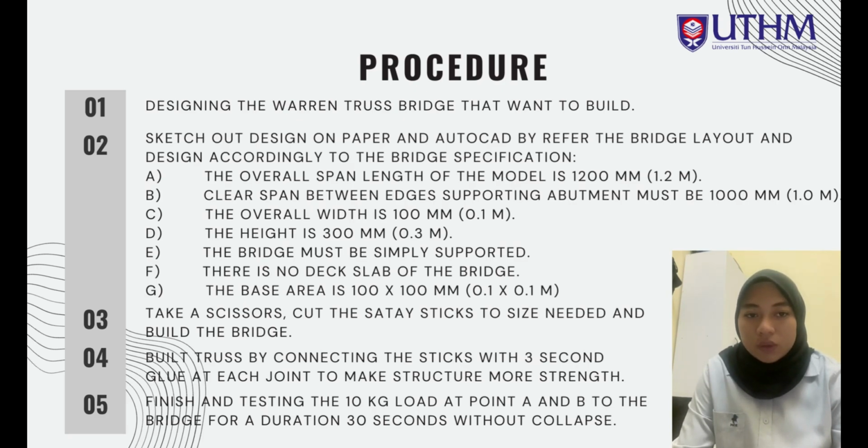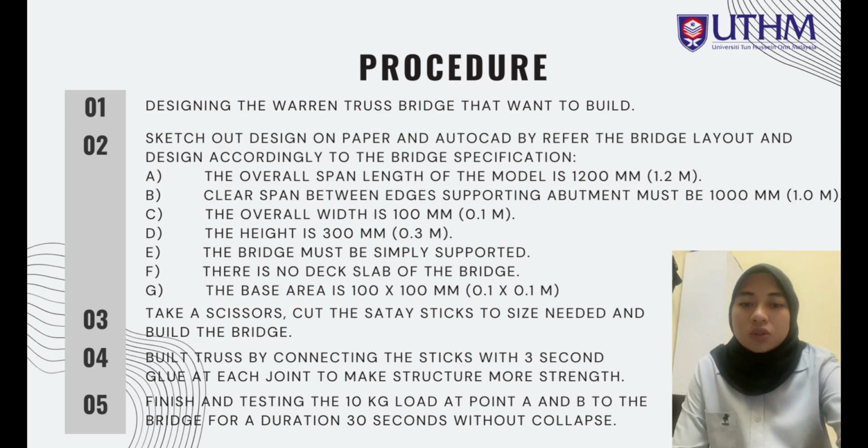So the last step to build this bridge is finishing and testing the 10 kilogram load at point A and B of the bridge for a duration of 30 seconds without collapse. So that's all for our project for procedure and material, and also layout plan.